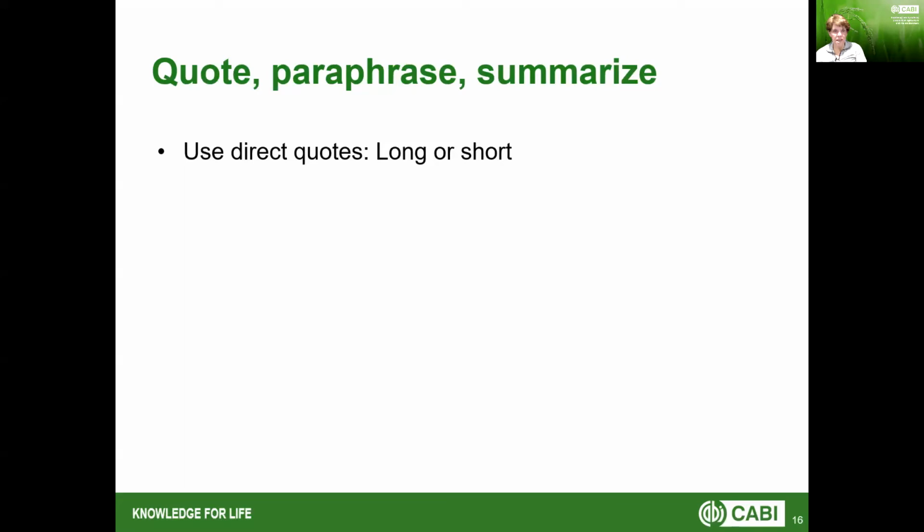Quoting directly is not very common in scientific literature. It's more used as a writing strategy in the humanities, but you can certainly do it in the sciences if you want, but make sure that you are quoting directly and accurately.